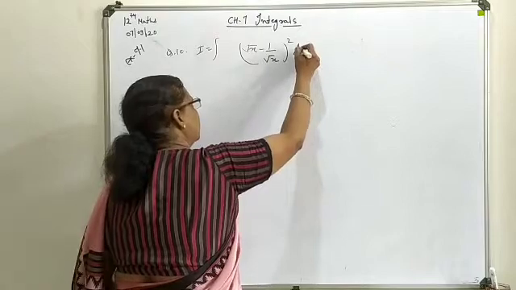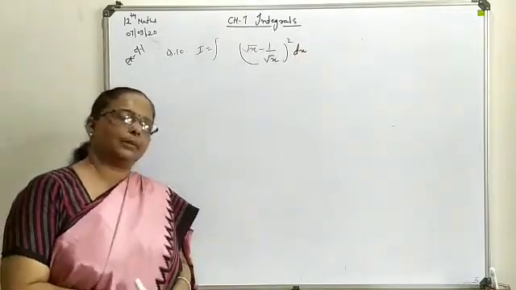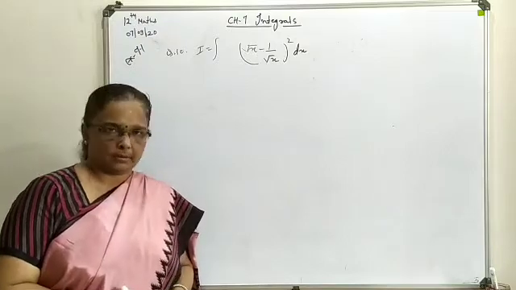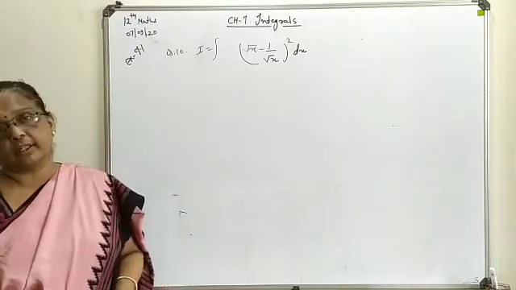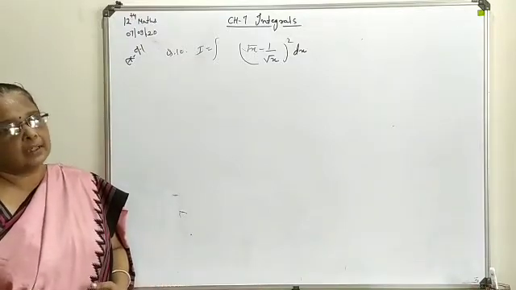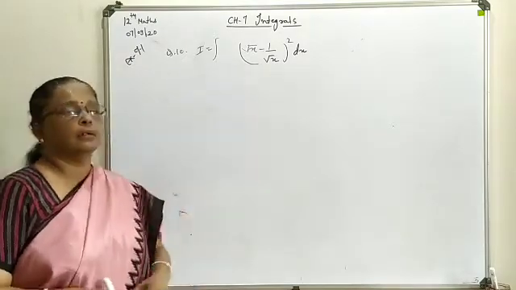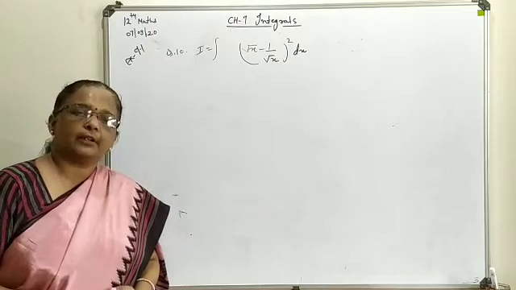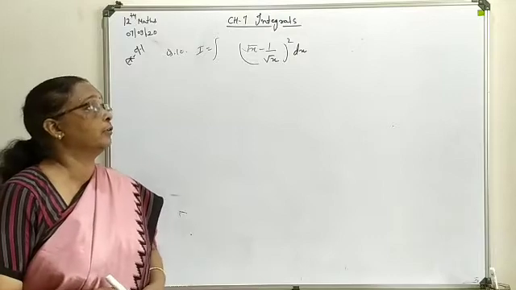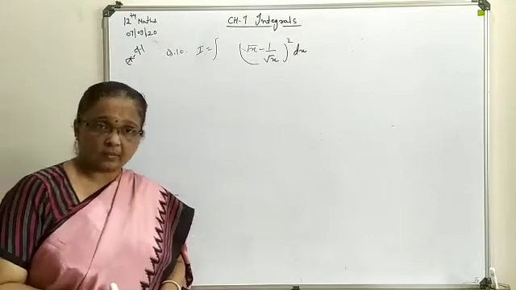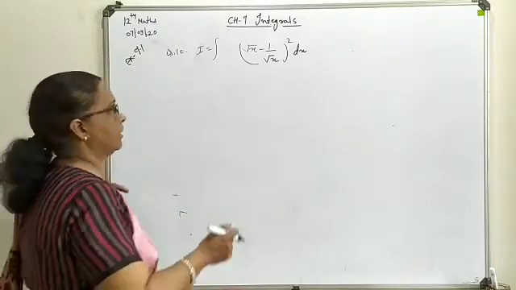In this form, direct integration is not possible. So first we have to convert this question in such a way that integration can easily be carried out, and this is possible only when you simplify this power. So you expand (under root x minus 1 upon under root x) whole square and then write its integration. So let it be expanded here.